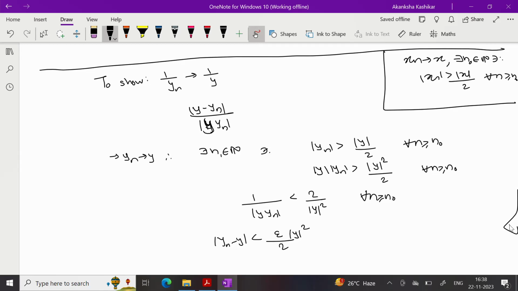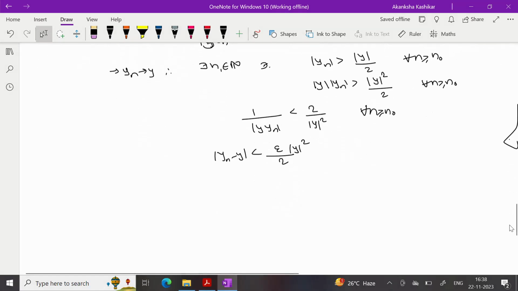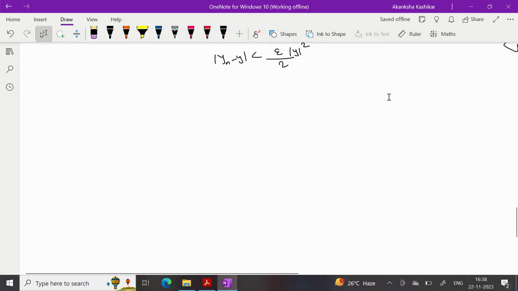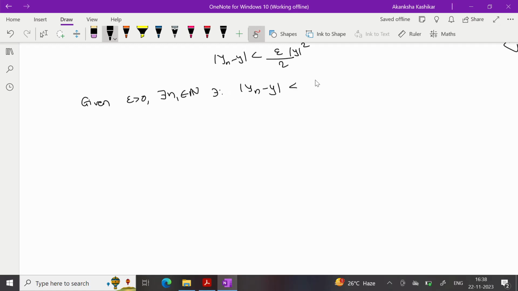How would the formal proof go? Given epsilon greater than 0, there exists n1 in N such that mod yn minus y is less than epsilon by 2 times y square. I don't have to write mod y square. This holds for every n greater than or equal to n1.